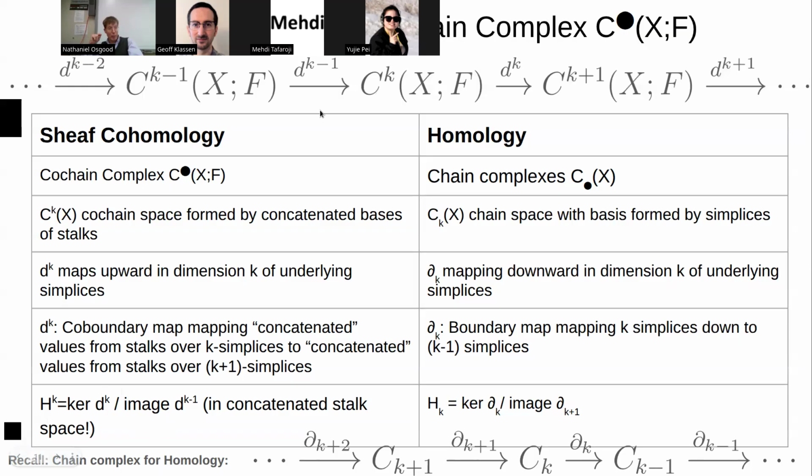We're just worried about the kernel. We're just interested in the global section, the assignment of data over the vertices that gives a consistent picture, that tells the same story to the edges, because all the restriction maps start at the vertices. And we have to get that right.